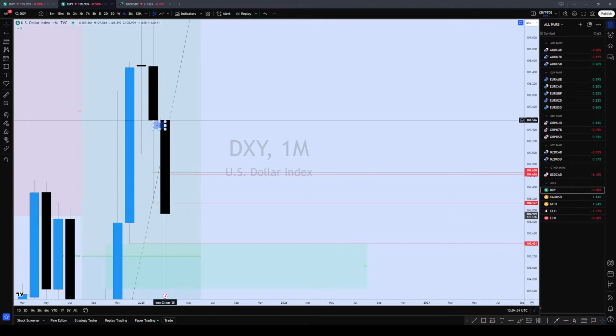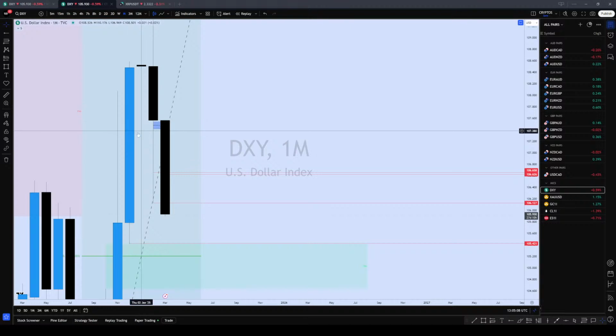Now the reason for that is whenever we have this type of scenario, which is this candle taking out that low, listen to this part carefully if you want to see price the way I do.